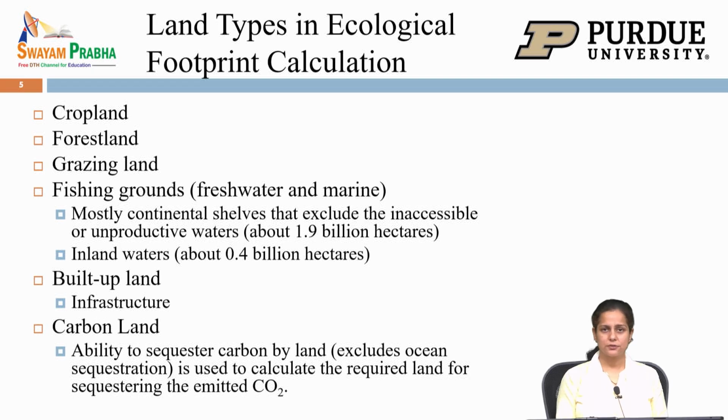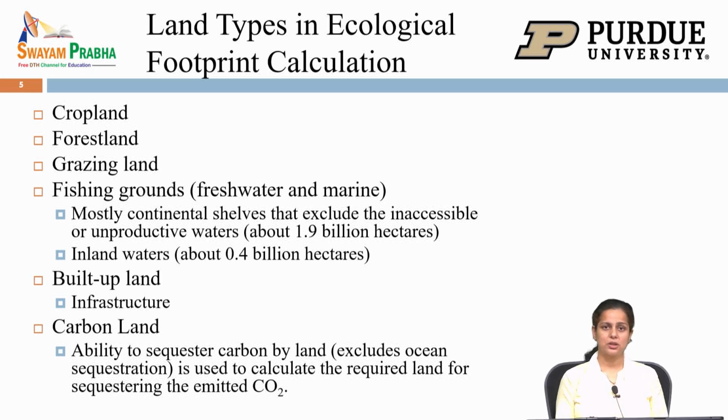So, all the active crops across the world are used in the footprint calculation. Forest land is where we are creating timber for use by human beings. That is the productivity of the forest to provide resources such as pulp and paper and cardboard, which are based on timber.